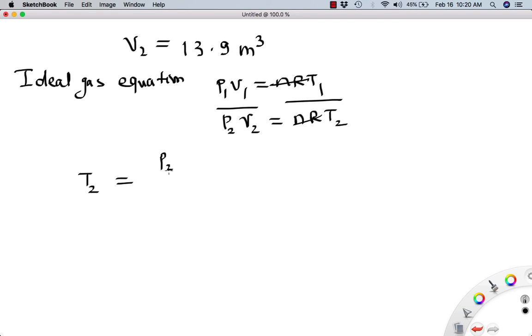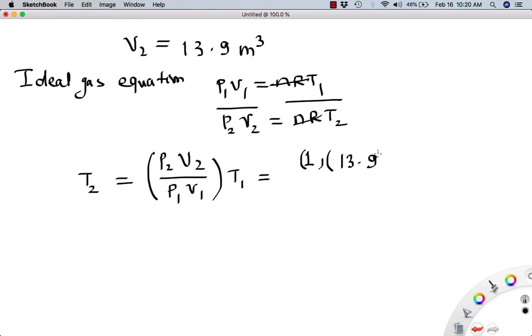So T2 would be P2 V2 over P1 V1 times T1. Okay, so plug in the numbers. P2 is 1, V2 we got is 13.9, and P1 is 8, V1 is 4 cubic meter, and T1 is 400 Kelvin.